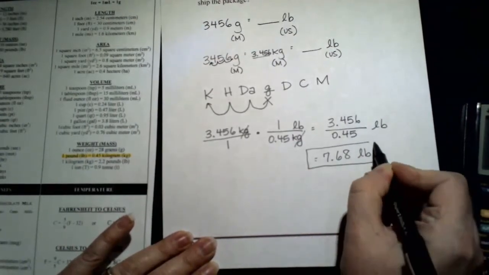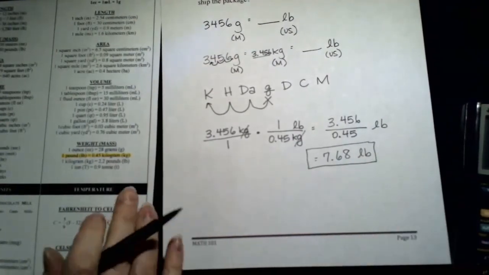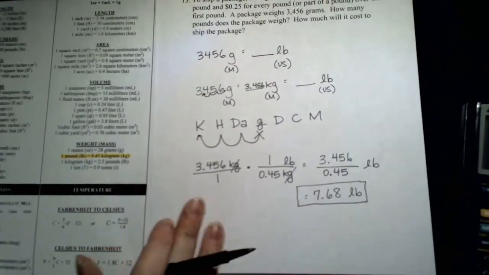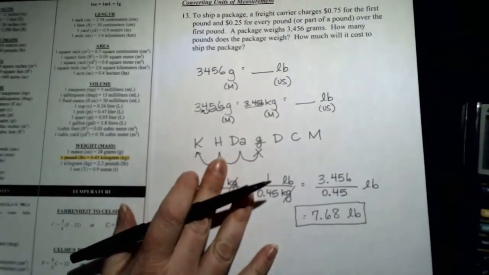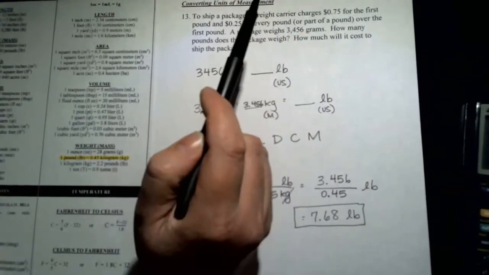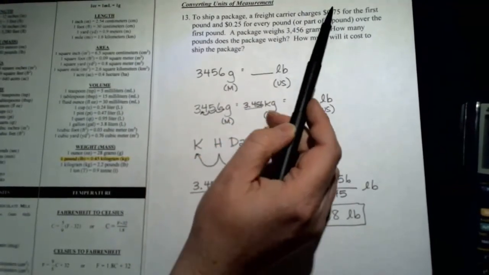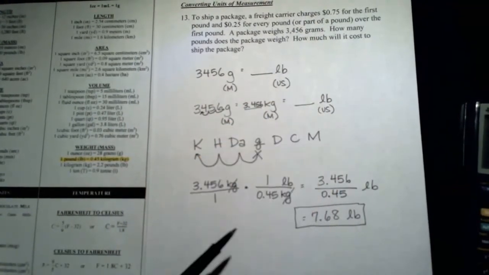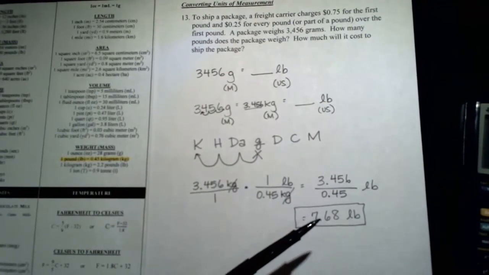There's the first answer. Now going back up here, it wants to know how much it's going to cost to ship this. So let's go back and look at this information. It's 75 cents for the first pound. We have much more than 1 pound.